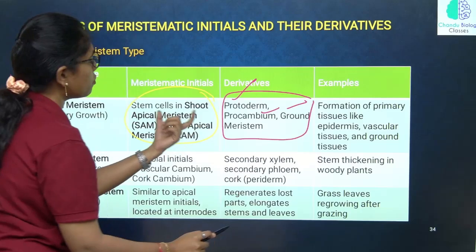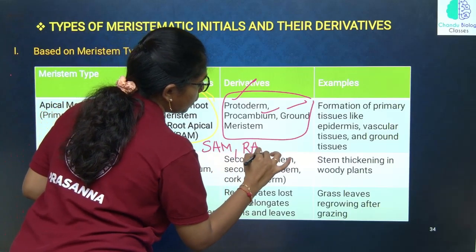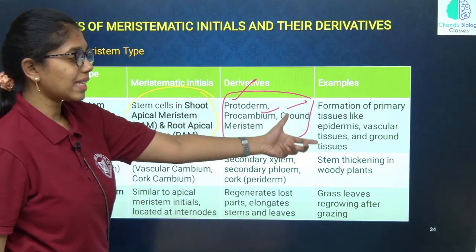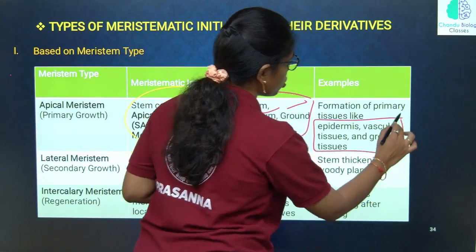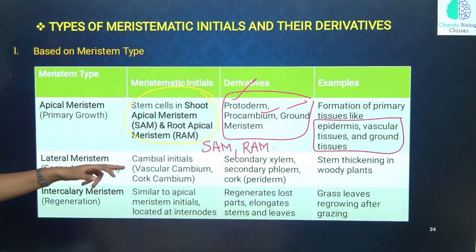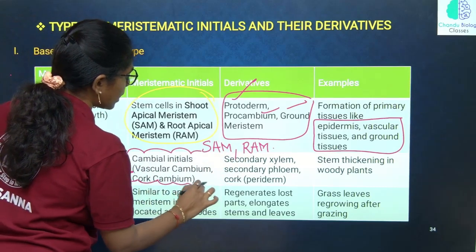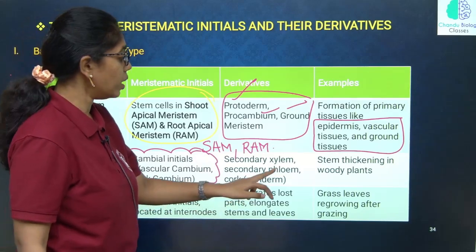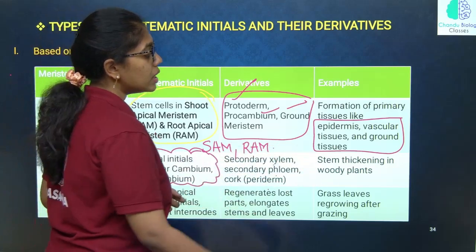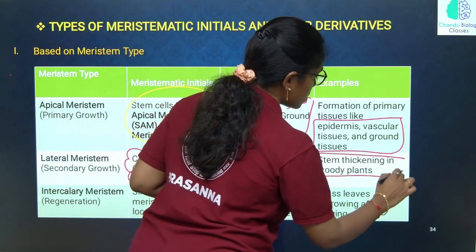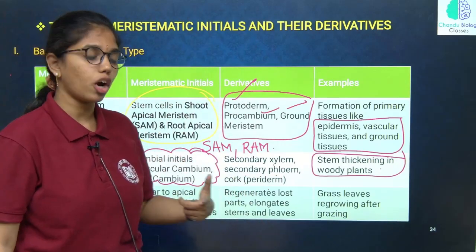The examples include formation of primary tissues like epidermis, vascular tissues and ground tissues. Those cells derived from cambial initials, like vascular cambium and cork cambium, give secondary xylem, secondary phloem and cork. An example is stem thickening in woody plants, which can be gymnosperms or dicotyledons.